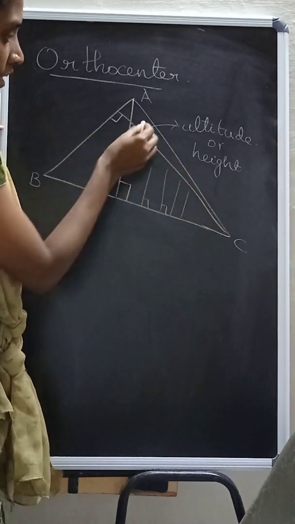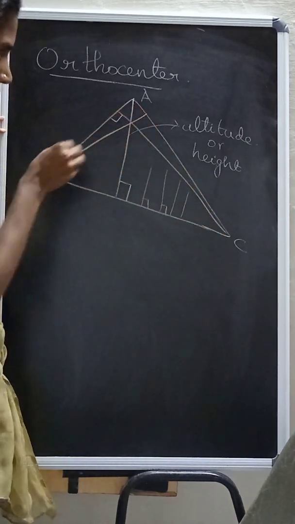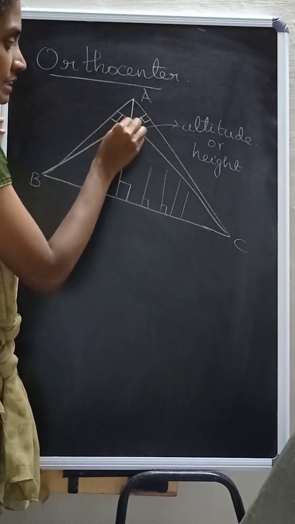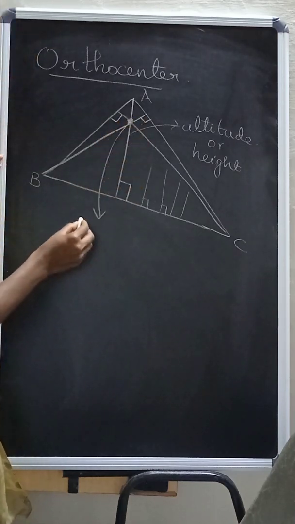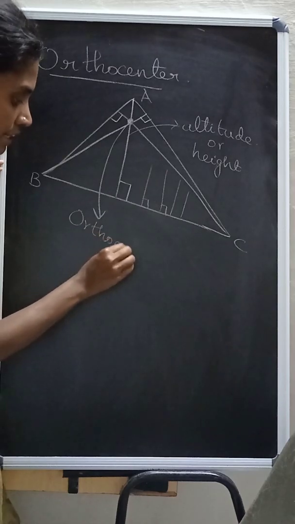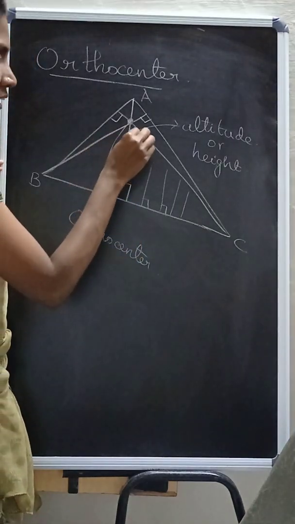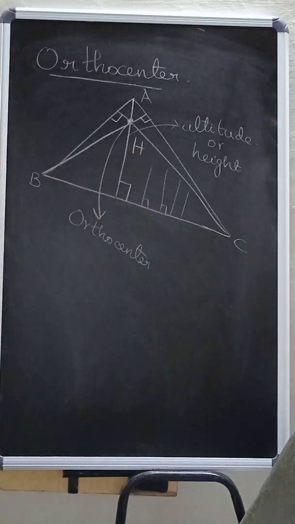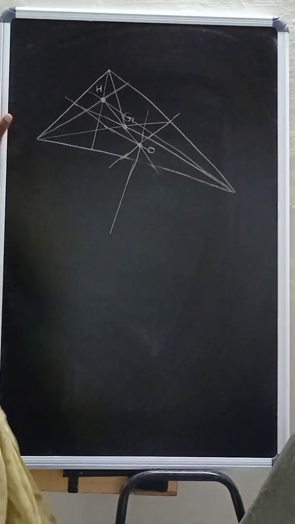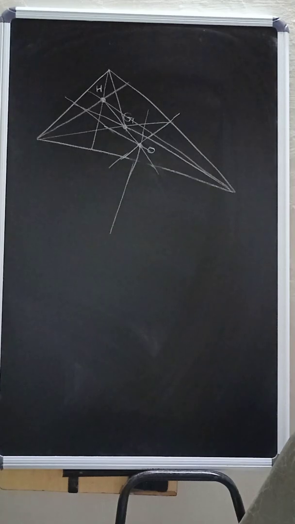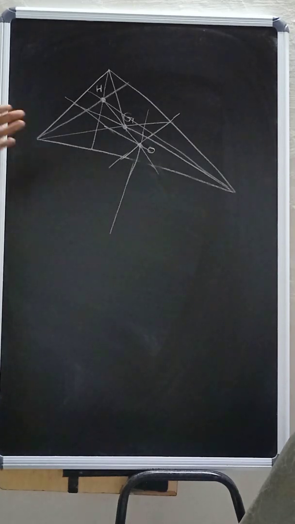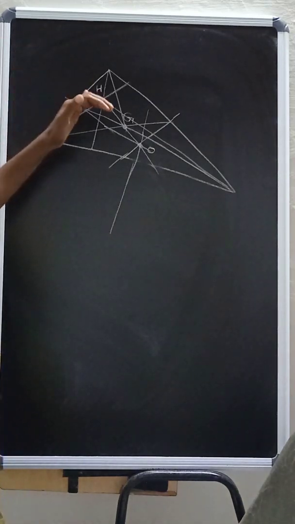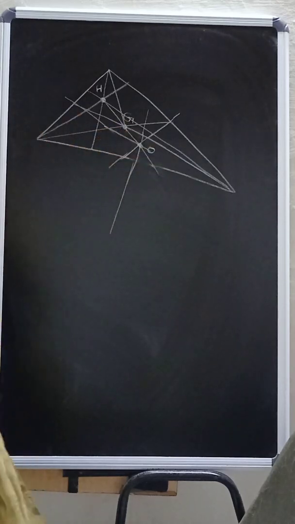Similarly, for AC, now these three altitudes meet at a point of concurrency, and this point is called orthocenter, and it is denoted by the letter H. Now, take a triangle, draw the medians, perpendicular bisector and the altitudes, and find the point of concurrency, that is the orthocenter, centroid and the circumcenter.